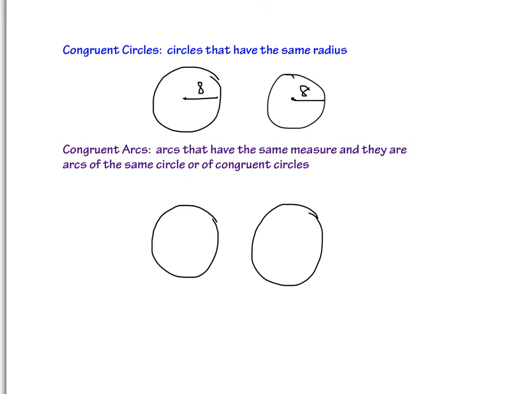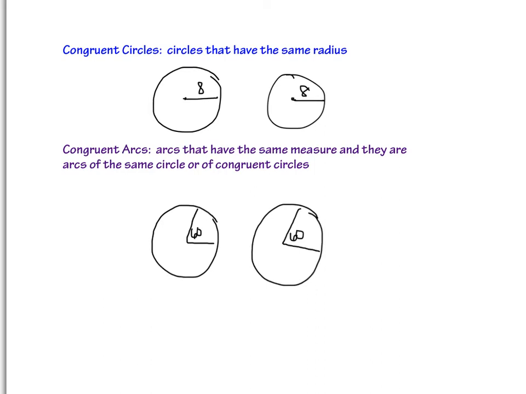arcs that have the same measure, so this arc right here would have to be 60 to be congruent arcs. They are arcs of the same circle or congruent circles. So these two would be congruent circles.